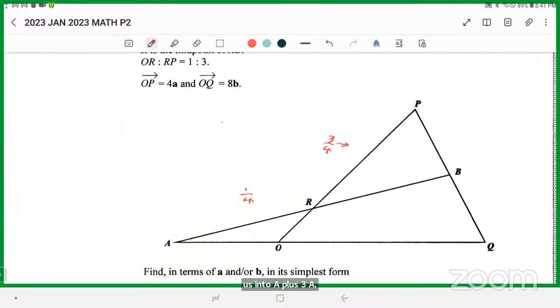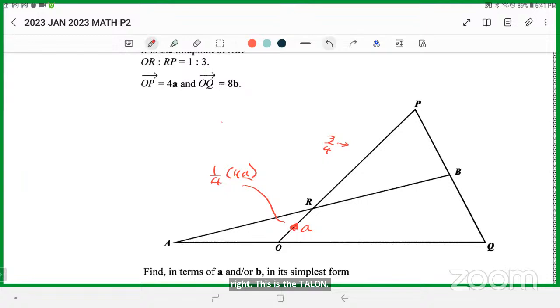Because this 1/4, which represents this piece, is 1/4 of the 4A, it means that this vector right here, from O to R, is just A. Not 1/4 of A, 1/4 of the 4A. That's what this vector down here becomes.